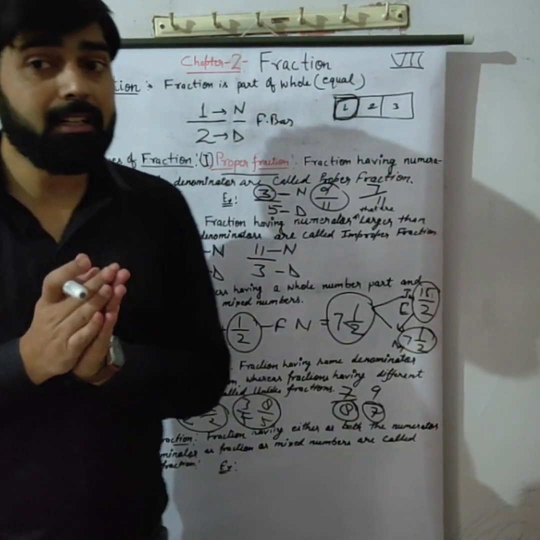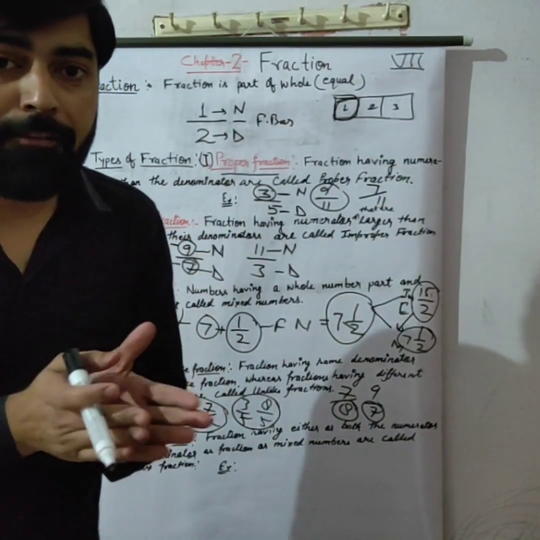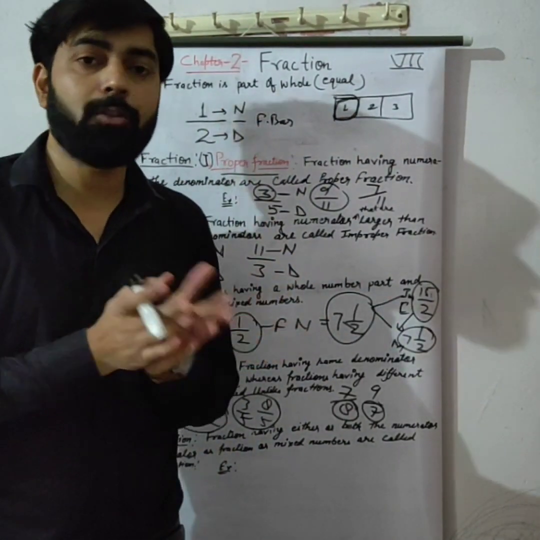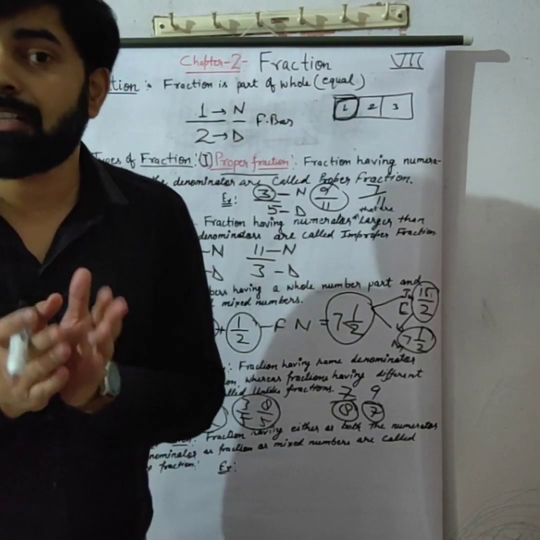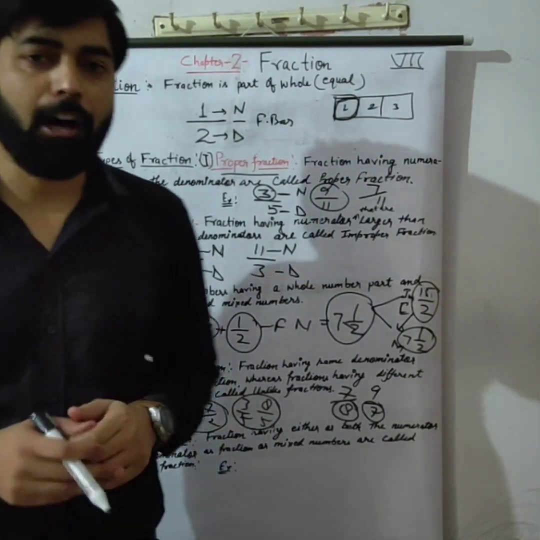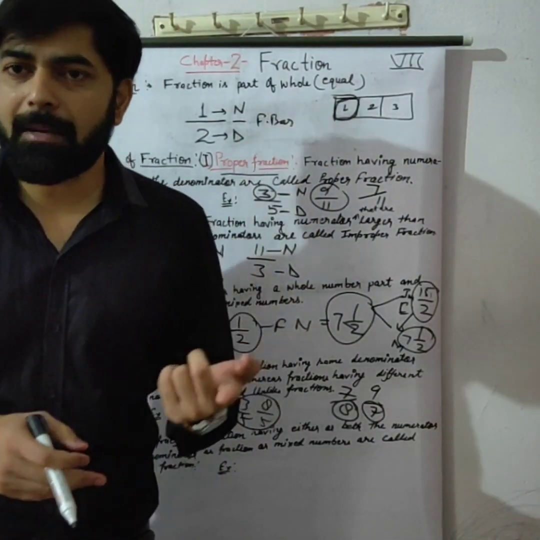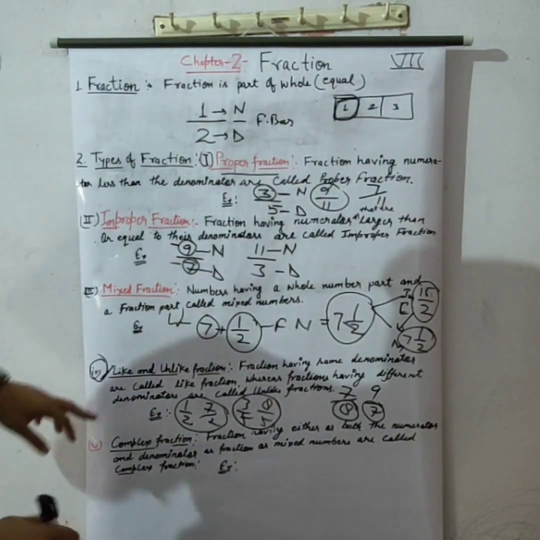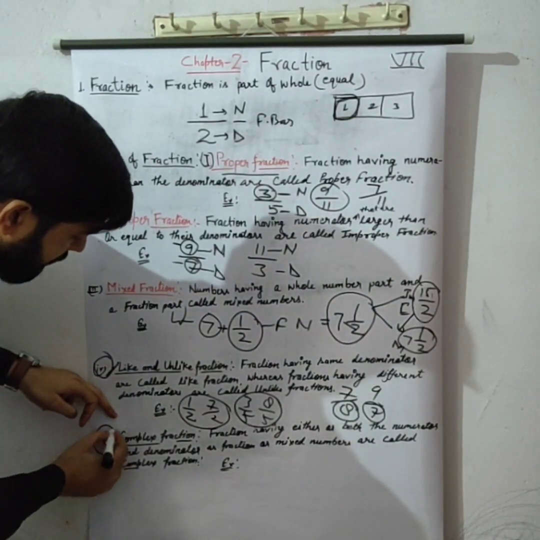And if fractions are given in unlike form, how can we add and subtract? You know, because you also studied in previous classes, we first convert the fractions into like fractions, and we convert them by the LCM method.